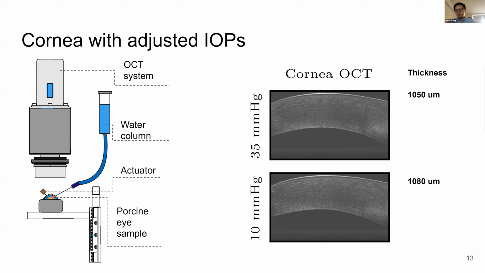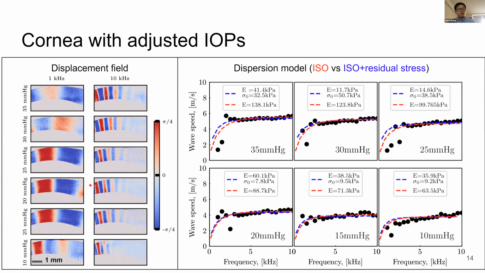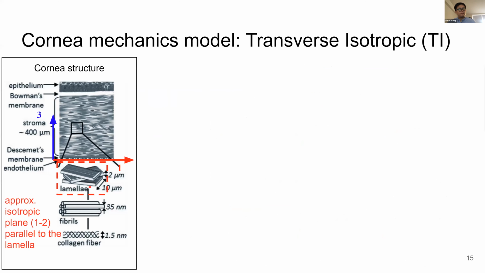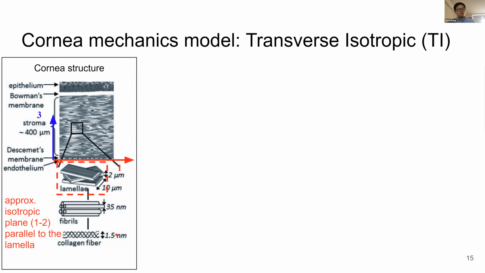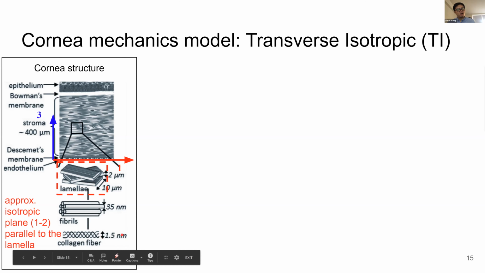So considering the viscosity damping effect, I would say the displacement in the cornea will definitely be lower than 1 micron. So maybe several nanometers. And comparing to the scale of the collagen fiber, to be honest, I don't have a good answer whether this level of displacement may trigger some abnormal behavior of the fibers.